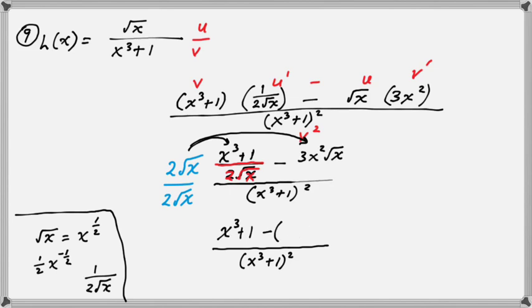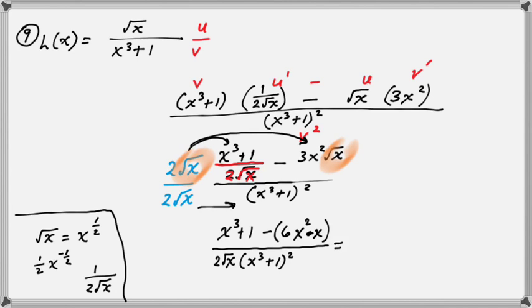You have 2 times 3, which is what? 6. You have an x squared. But what happens when you multiply radical x by radical x? You get another x, don't you? So that's times x. And on the bottom you would have this if you multiplied your denominators.